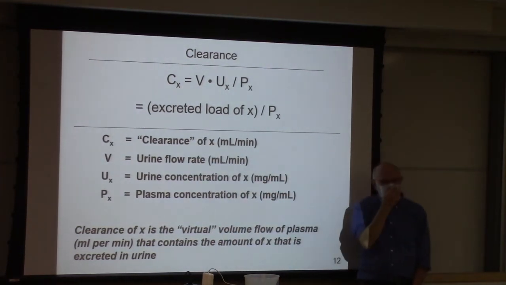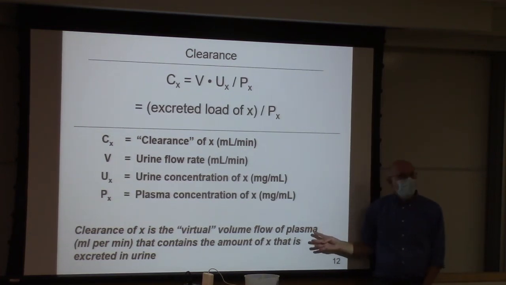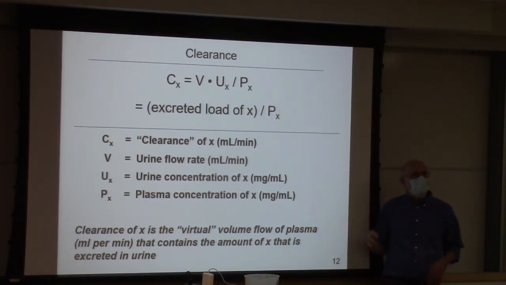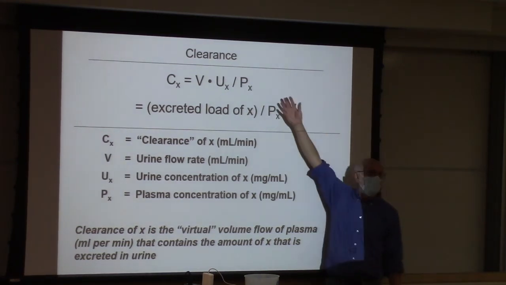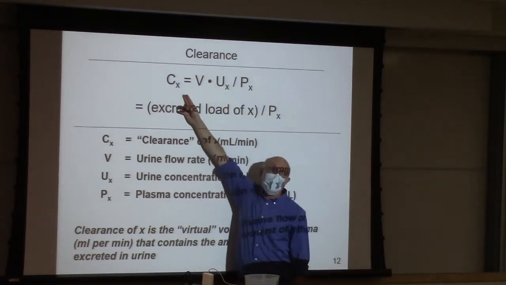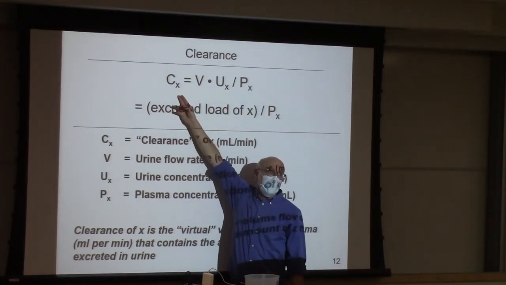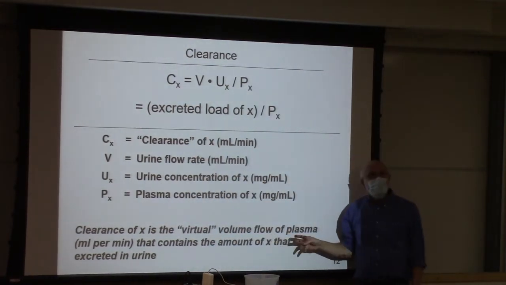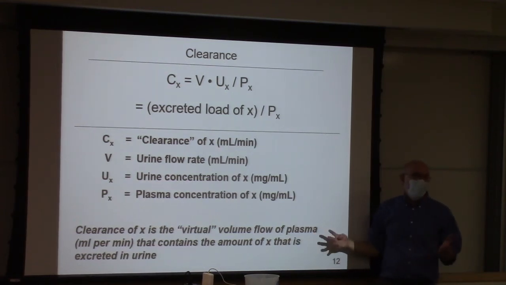Okay, what is that flow? So for some students this clicks, and for some students this becomes completely mysterious. If it becomes completely mysterious, just don't worry about it. Learn the equation and know that the units of clearance are milliliters per minute. But what that is, it's a volume flow.